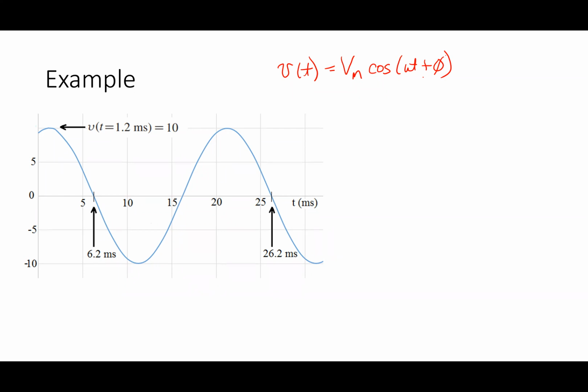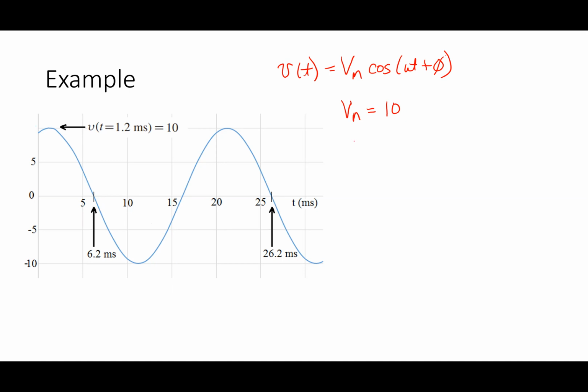Looking at this, apparently the peak happens at 1.2 milliseconds. So what's the amplitude? 10. Yeah, 10. Very simple. How do I then figure out what omega is from this? We can take the 6.2 and 26.2.